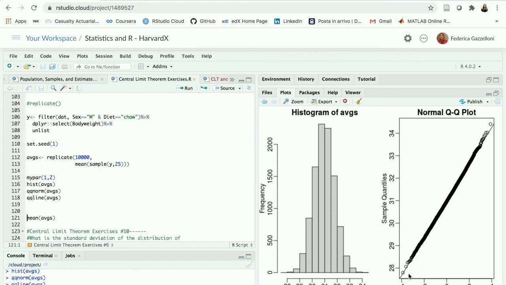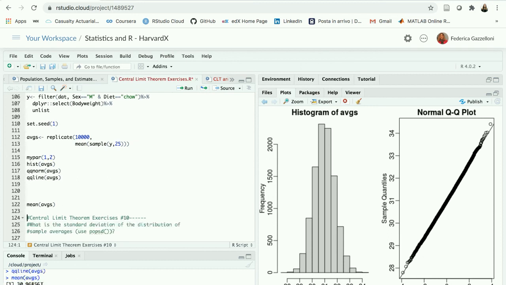And here is its distribution in terms of quantiles. And then we calculate the average, which is 31.